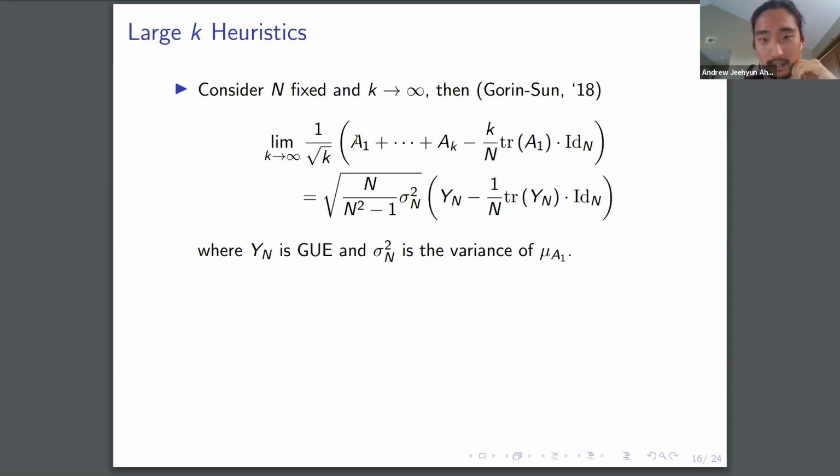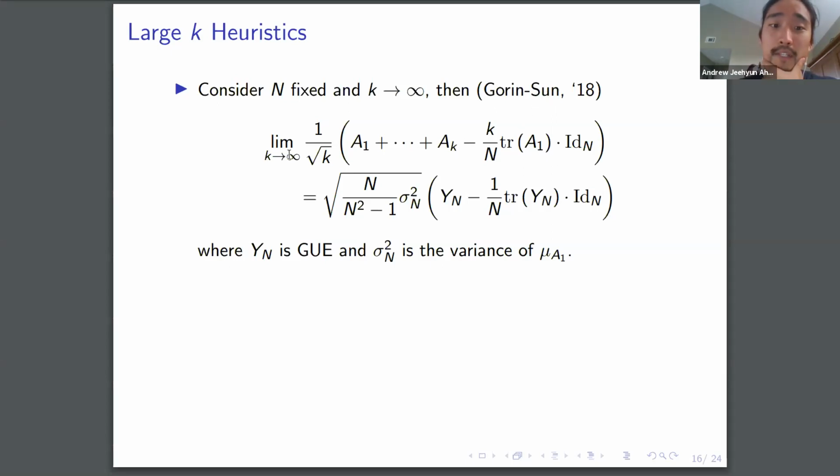Basically what I'm saying is that you can expect that the sum A1 through AK, upon translation and renormalizing properly, should look Gaussian, and the covariances you could work out explicitly, and this was done by Gorin and Sun in, I think, their appendix.